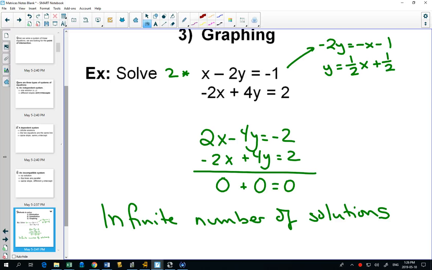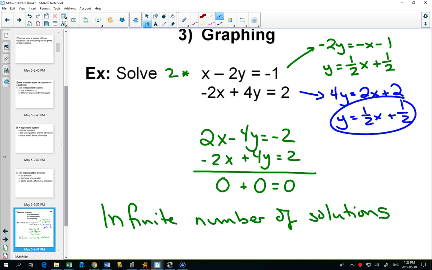The second equation, 4y equals 2x plus 2. Divide everything by 4. 2 over 4 is 1/2. 2 over 4 is 1/2. We can see that those two lines are exactly the same.